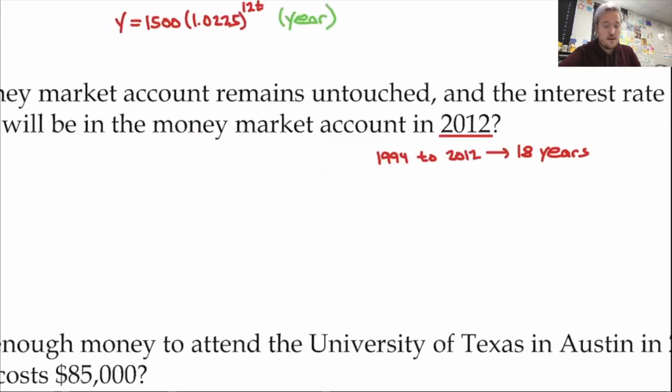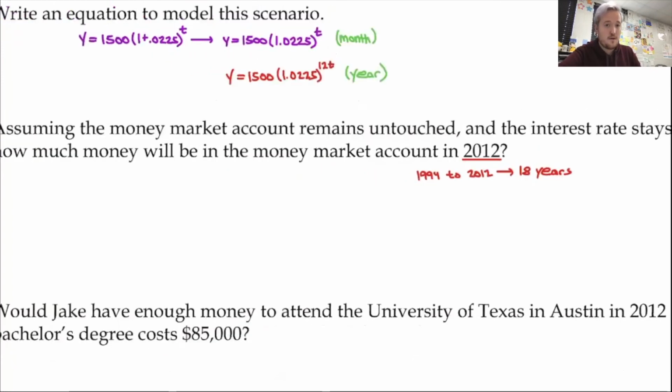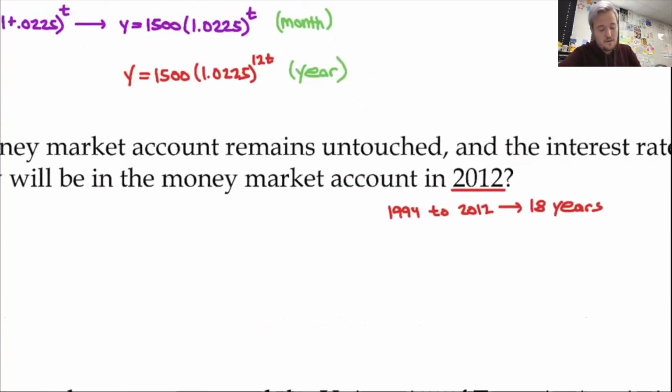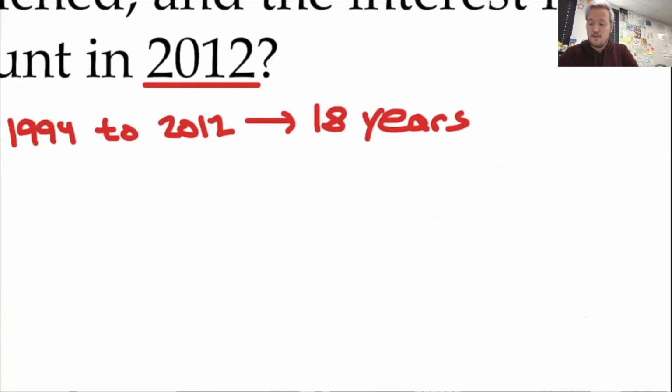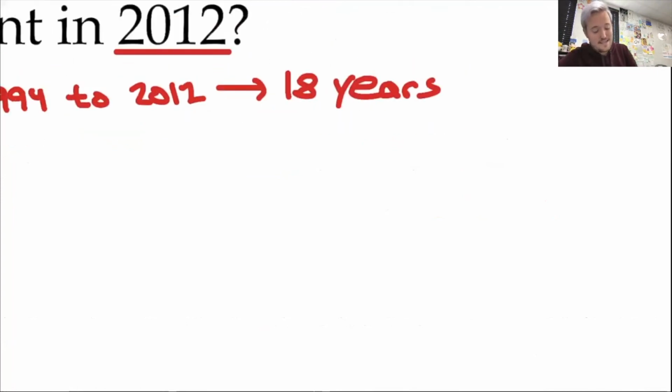All right, so since I'm just doing a yearly basis, then I'm going to use the bottom equation. Now, keep in mind, 18 years is going to be 216 months.